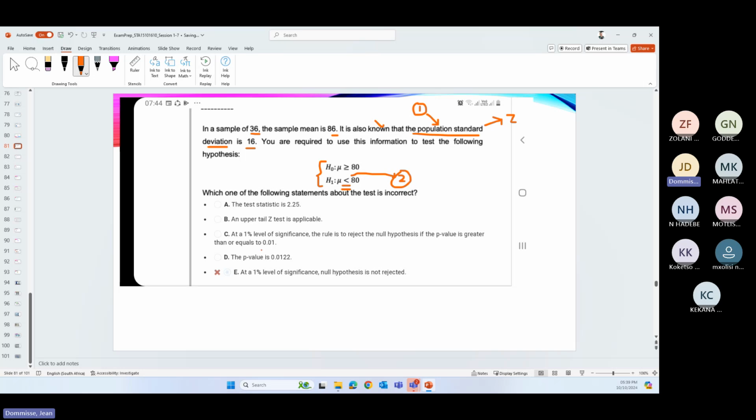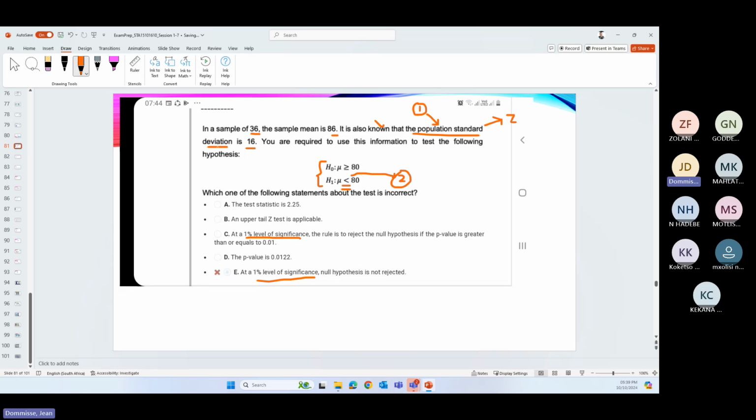So here we can see they put it in the question set. Normally they can add it into the steps that we need to cover. Are we looking at a 1, a 5, or 10% level of significance? Else it must be in a specific question.